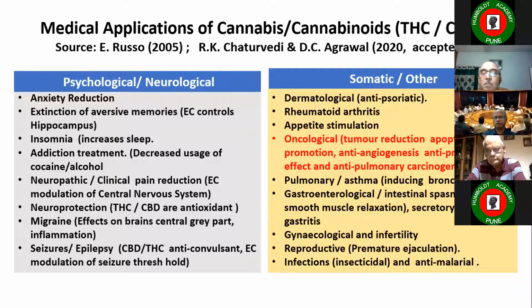And apart from this, after the chemotherapy aspects, the side effects are also reduced considerably, and neuropathic pain, sclerosis pain. CBD, particularly, and THC, particularly CBD, is much more important for this peripheral system.